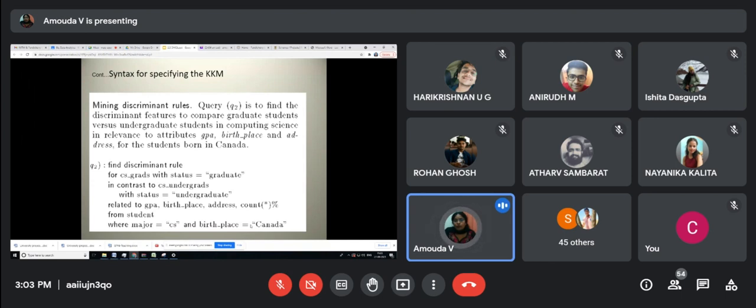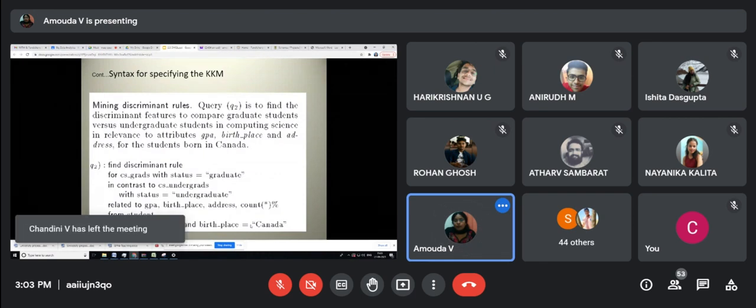Both the graduate and the undergraduate students should belong to computer science and be born in Canada, and I need only three attributes, GPA, birthplace, and address, to be compared, and how many count there are, and give it for CS graduates in contrast to CS undergraduates. Any doubt?